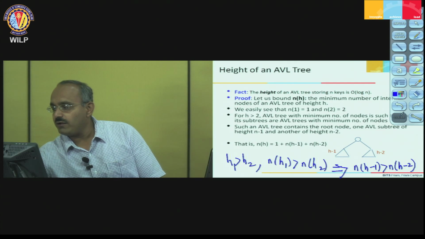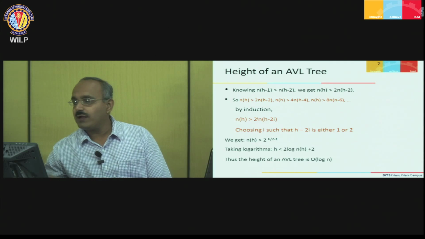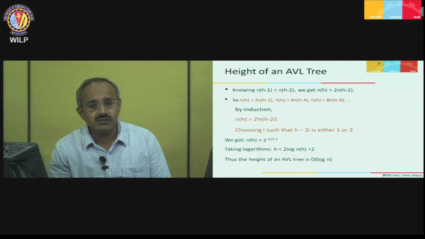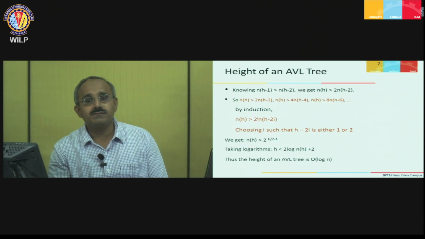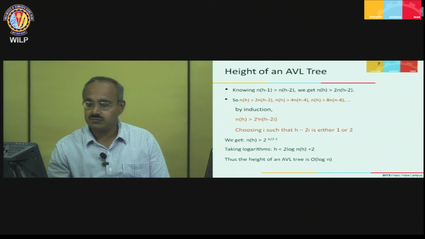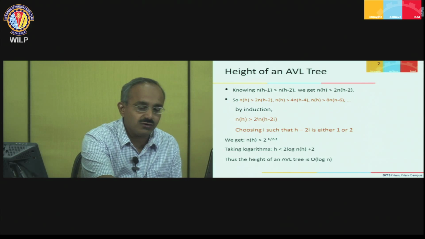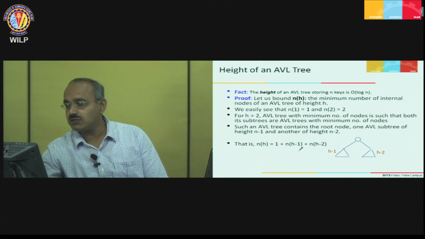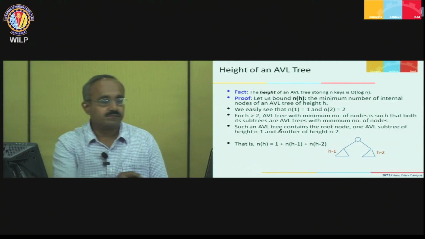Now, using this fact, we get n h to be bigger than 2 n h minus 2. So, in the earlier expression, we are simply going to replace n h minus 1 by n h minus 2 and drop 1.